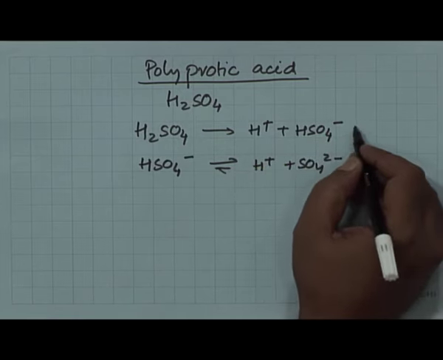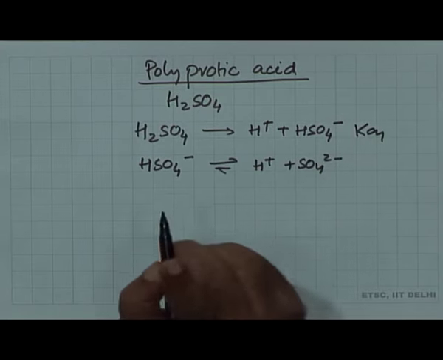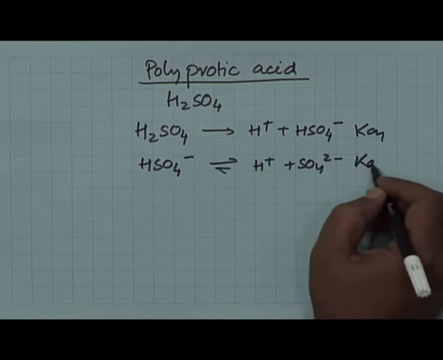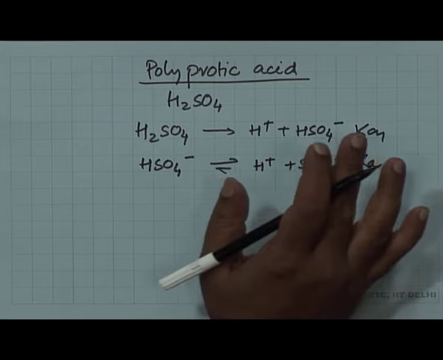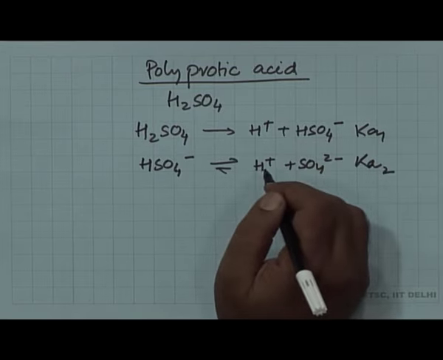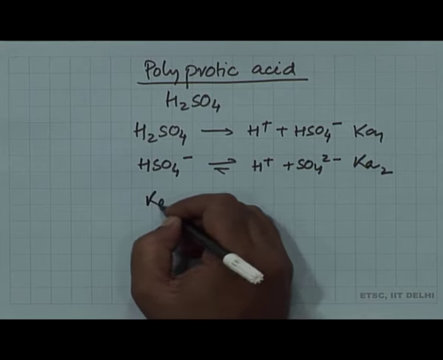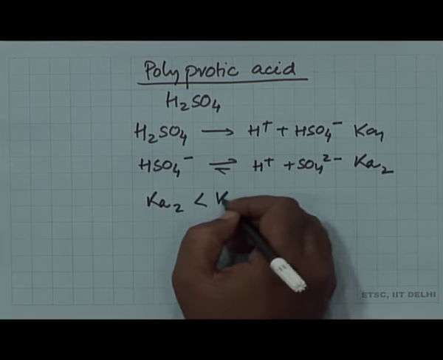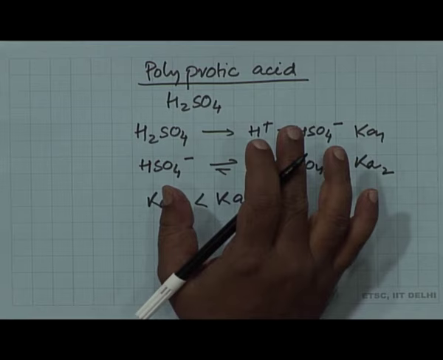So, this is called Ka1, the first dissociation, and there is a Ka2, which is the second dissociation. So, Ka2 will always be less than Ka1. It is quite simple.